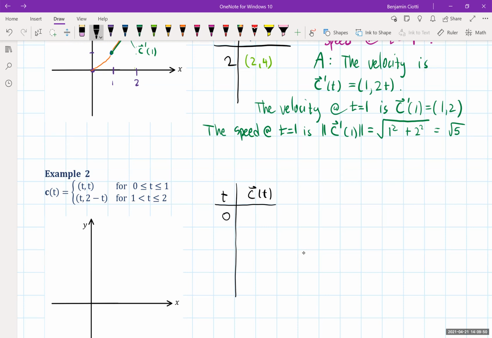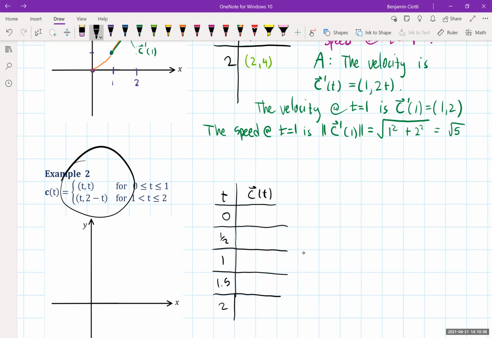How about 0, 1/2, 1, 1.5, and 2. So I'm plugging in those values of t into this equation.